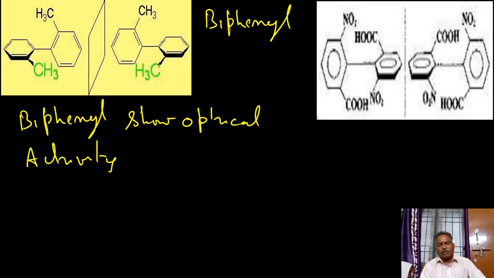Biphenyls show optical activity. But here, are there any chiral carbons? See here, in this ring, benzene rings have sp2 carbons. For a chiral carbon, the first condition is sp3 hybridization. So all the carbon atoms are sp2. Therefore, there is no possibility of having a chiral carbon.